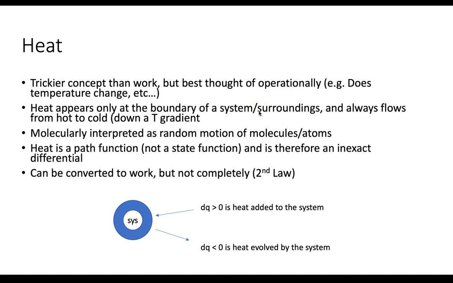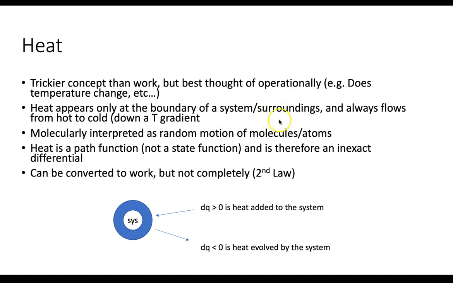And if we're talking about gases, just like work, it's a path function, so it's not a state function. It's an inexact differential, and it can be converted to work, but not completely. So you can convert some of your heat to work, but not all of it. That's due to the constraints of the second law, which we'll deal with in a few weeks.